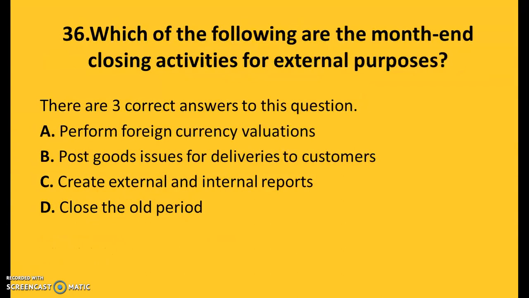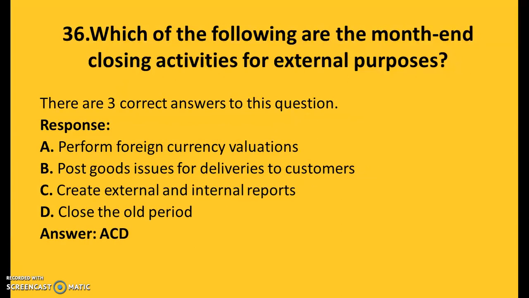Which of the following are the month-end closing activities for external purposes? There are three correct answers for this question. A, perform foreign currency valuations, B, post goods issues for deliveries to customers, C, create external and internal reports, and D, close the old period.